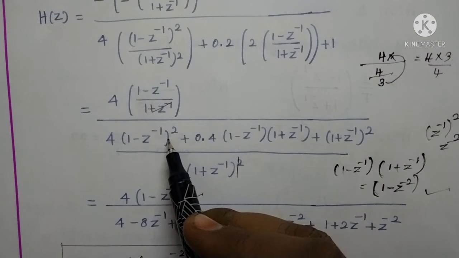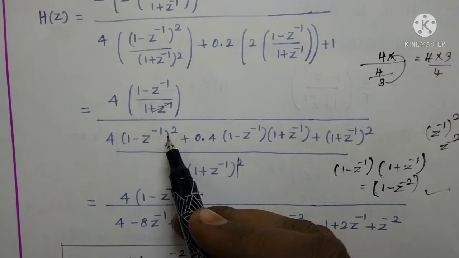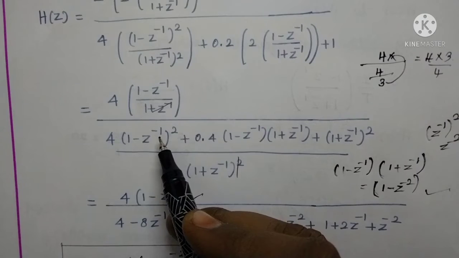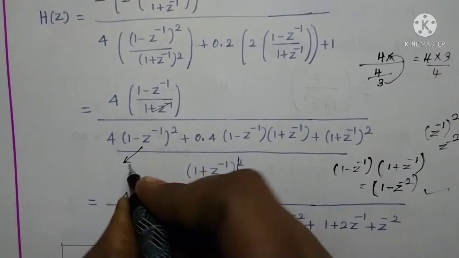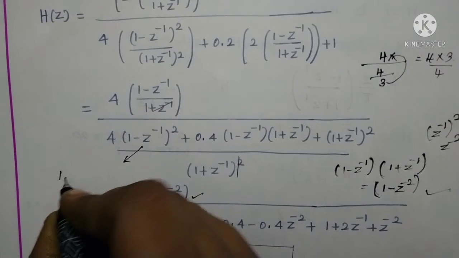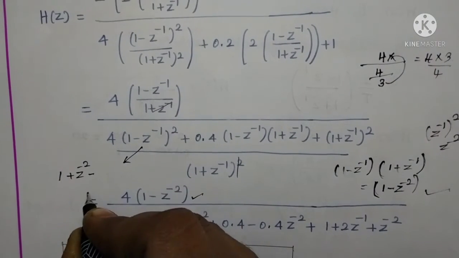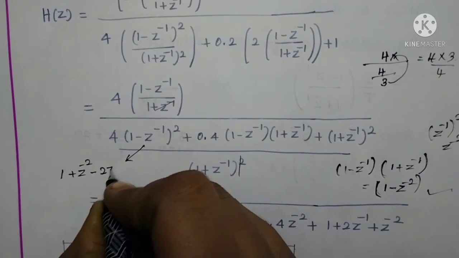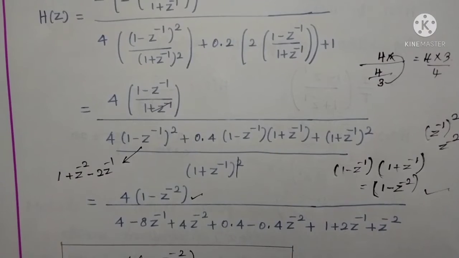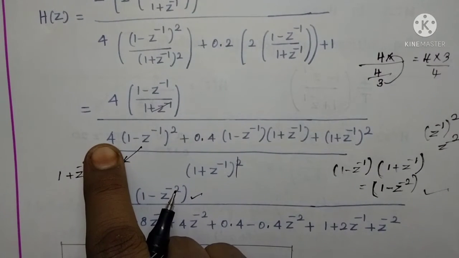So what is (a minus b) the whole square? a square minus 2ab plus b square. So what is this one? This term will become a square plus b square minus 2ab. So 2 into a value 1, b value is this. So this term we can write like this and multiply it by 4.